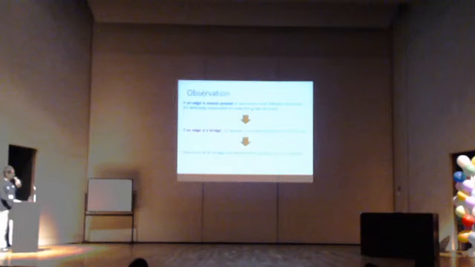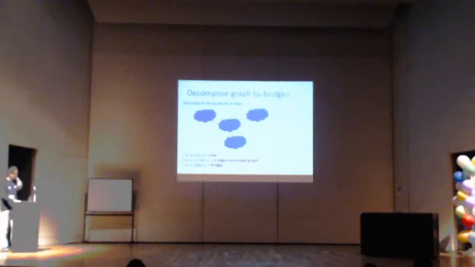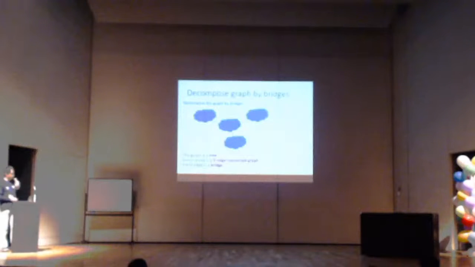This means we can define the directions of all bridges uniquely, or it's not relevant. So now we can consider decomposing the graph by bridges. Then the target graph becomes a tree, and each vertex corresponds to a two-edge connected component, and each edge corresponds to a bridge of the original graph.